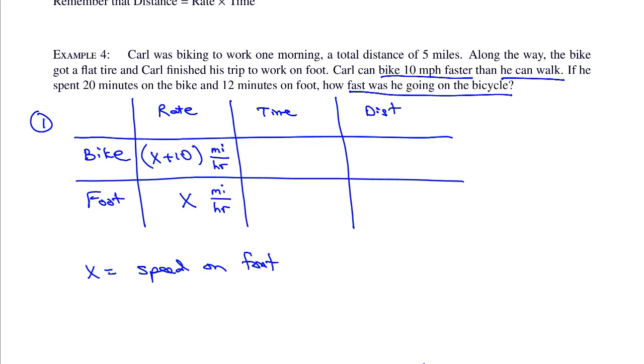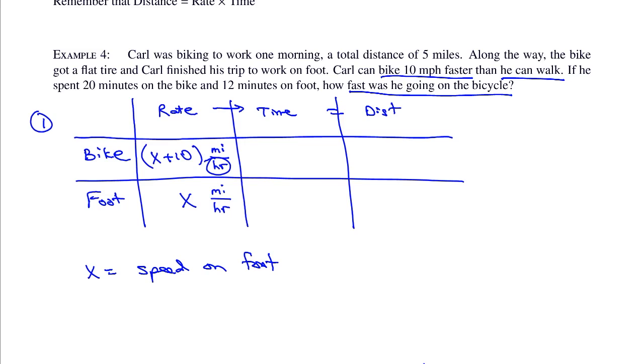And that comes straight from the formula above. What that tells me is that the elements that go in the time column have to be in the form of hours in order to get hours to cancel. Because we're going to multiply across. Rate times time is equal to distance, so I need the hours to cancel.